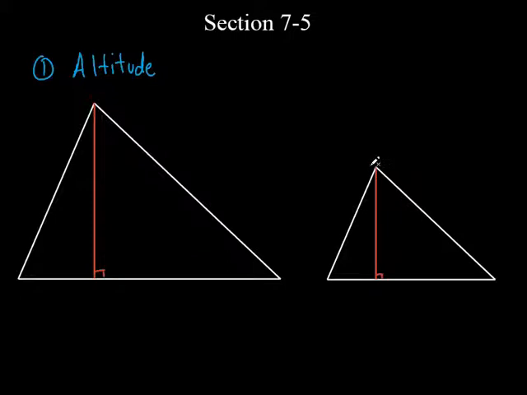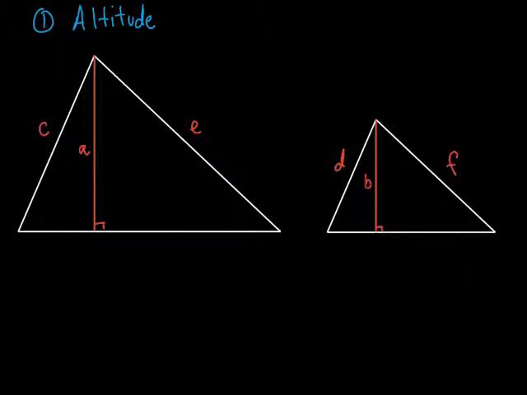Everybody got it? So let's put some letters in here. Let's make that altitude A. We'll make this altitude B. Then I'll call this side C, and I'll call this one D. Call this one E. Call this one F. Now here's what you're doing, and you're going to do this basically three times.